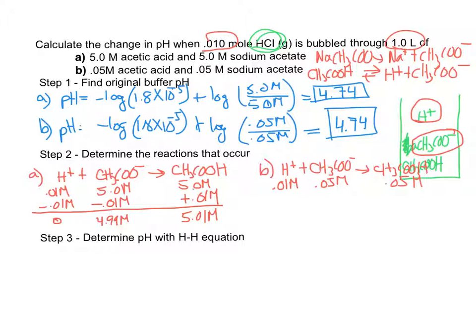So if I want to find the pH, I'm going to use the Henderson-Hasselbalch. It's pKa plus log of the concentration of the conjugate base over the acid.